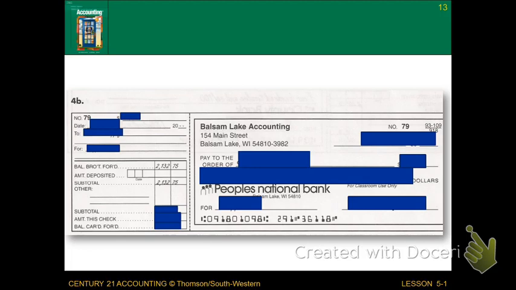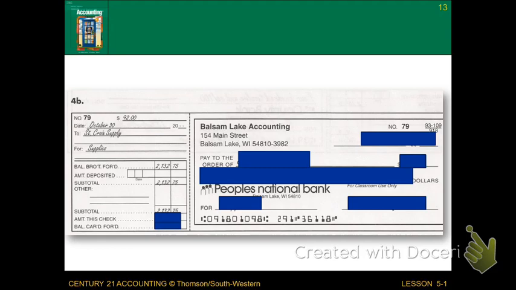The directions don't tell us that we're making a deposit, so we do not have to worry about including any deposited amount. So this check is, according to our directions, going to be written for $92, and it's October 30th again, and this is going to the St. Croix supply, and this is for supplies, so we keep buying supplies here apparently. And so our subtotal now, since we're writing a check for $92, we go to our subtotal. The subtotal is the same as the subtotal above, just so we know our current bank account balance is $2,132.75.